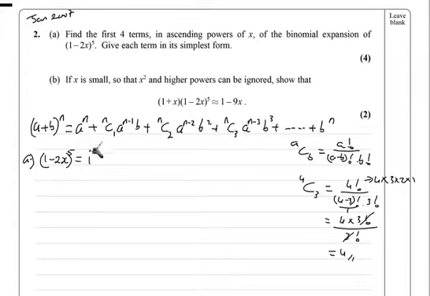So 1 to the power 5, plus 5C1, the first term is 1, 1 to the power, the difference between these is 4, and the second term, minus 2x, to the power 1, plus 5C2, 1 to the power 5 minus 2, which is 3, and minus 2x to the power 2, plus 5C3, 1 to the power 2, minus 2x to the power 3.